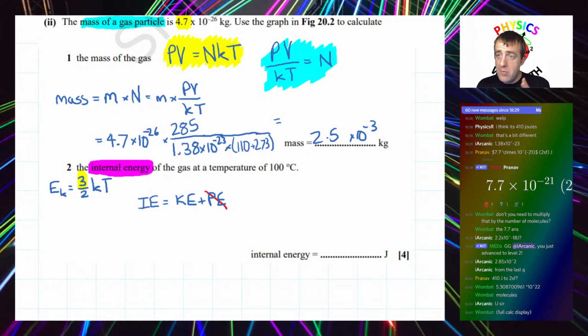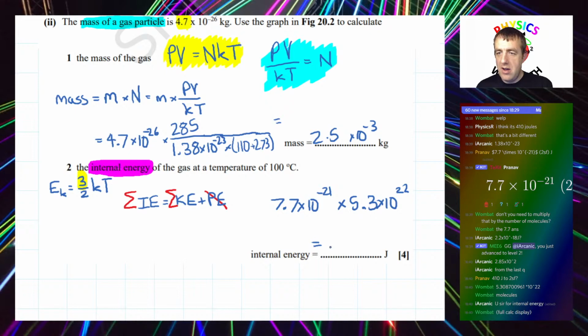There's no internal vibrations. There's no potential energy store. And that's why the total kinetic energy is equal to the total internal energy. So we multiply the number we've got there, 7.7 times 10 to the negative 21, by the number of molecules, which I can't remember. Wombat's giving it to me there, 5.3 times 10 to the 22. And you get whatever it is.